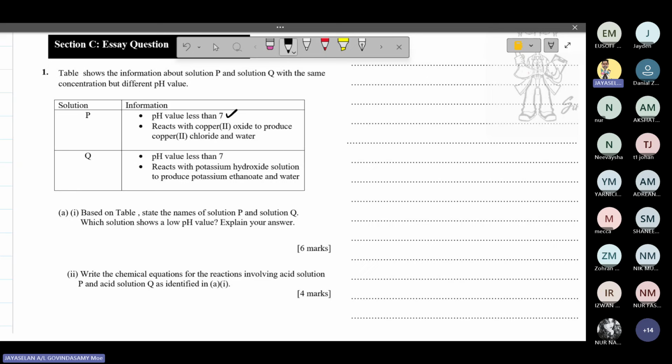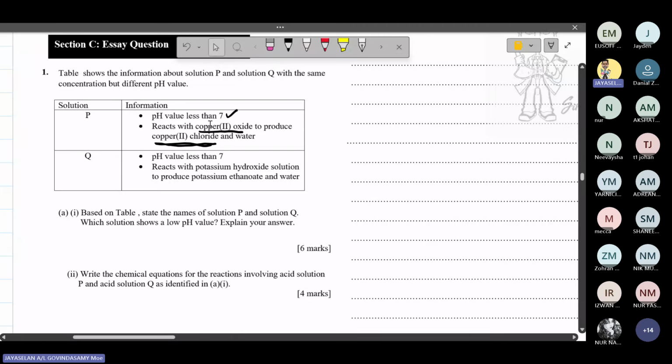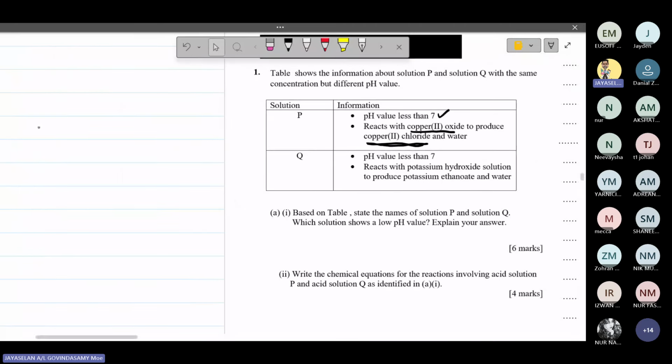pH value less than 7, react with copper(II) oxide and produce copper(II) chloride. So apa you buat di sini? This is acid, ada hydrogen ion, you letak X negative ion. Acid mesti ada hydrogen ion. So jangan takut.